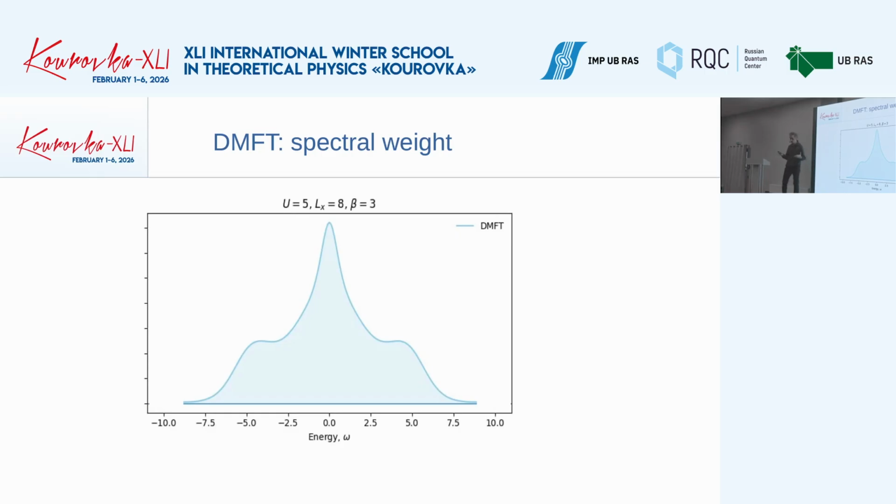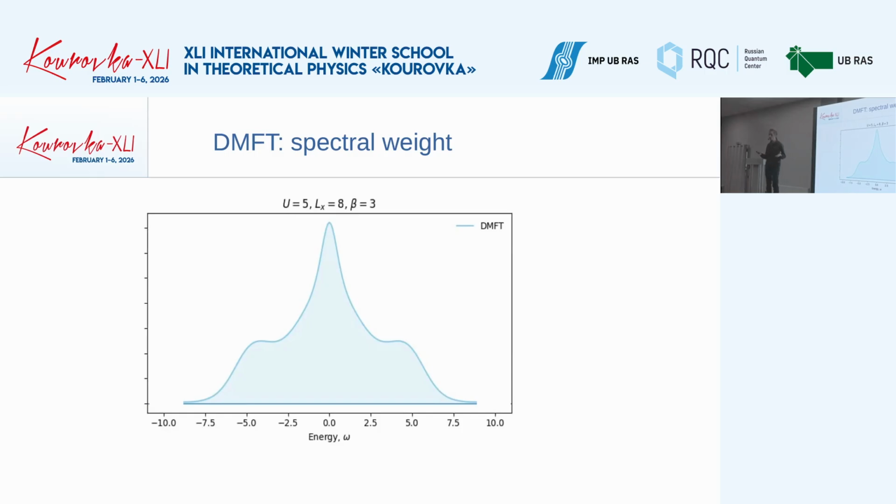The DMFT is exact in the limit of a large coordination number or large dimension. For 2D, this is an artifact, but anyhow, this peak becomes more and more narrow, and at a certain moment it disappears, and the system becomes a dielectric, and this is the physics Hubbard was talking about.